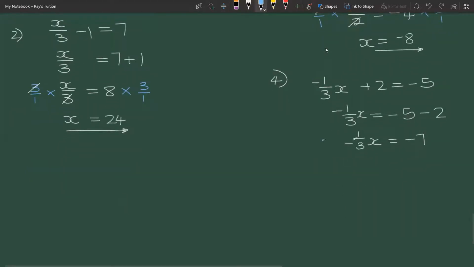So we're going to multiply by negative 3/1 in this case. And why negative 3/1 is because we want the answer to be positive. So the negative and the negative will cancel to give us a positive, and then we'll just have x on this side, and minus 7 times minus 3. Negative times a negative is positive 21.